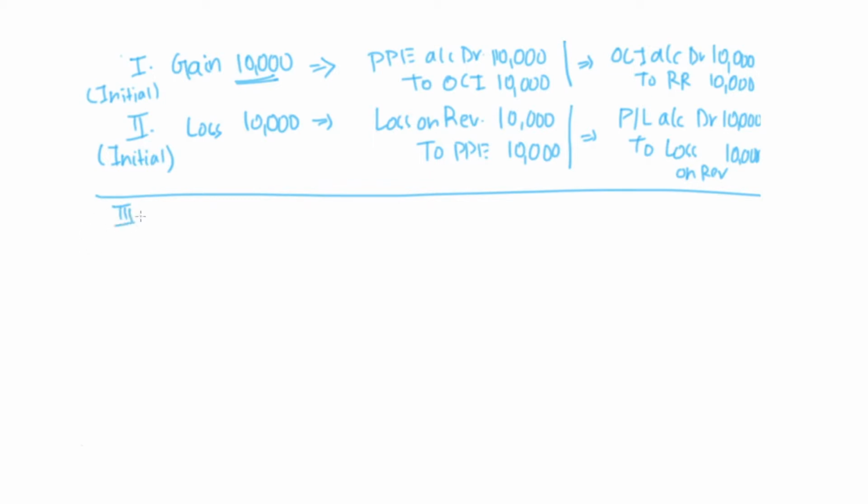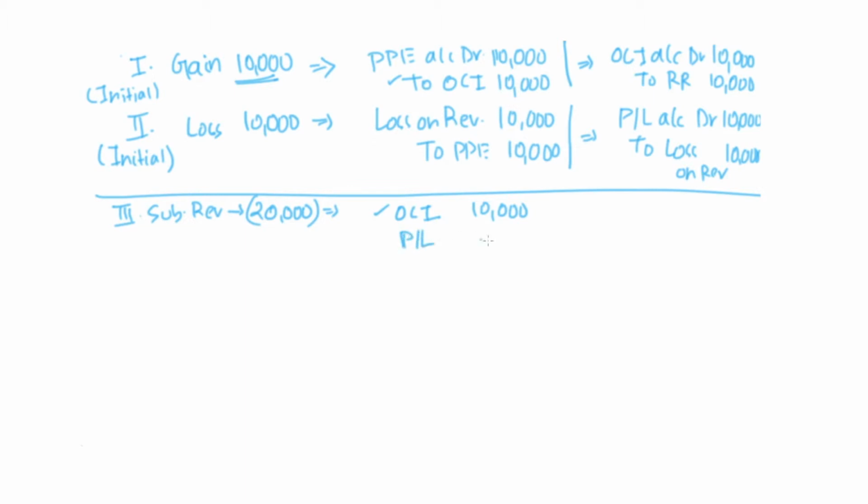Now let's move on to subsequent revaluation. We had a gain of, suppose, $10,000 and subsequently we had a loss of $20,000. Now the PP&E will be decreased by $20,000. So first we will adjust the difference that is there in the PP&E, there in the OCI, to the tune of 10,000. We debited OCI, which means we will set off the loss first from the OCI.